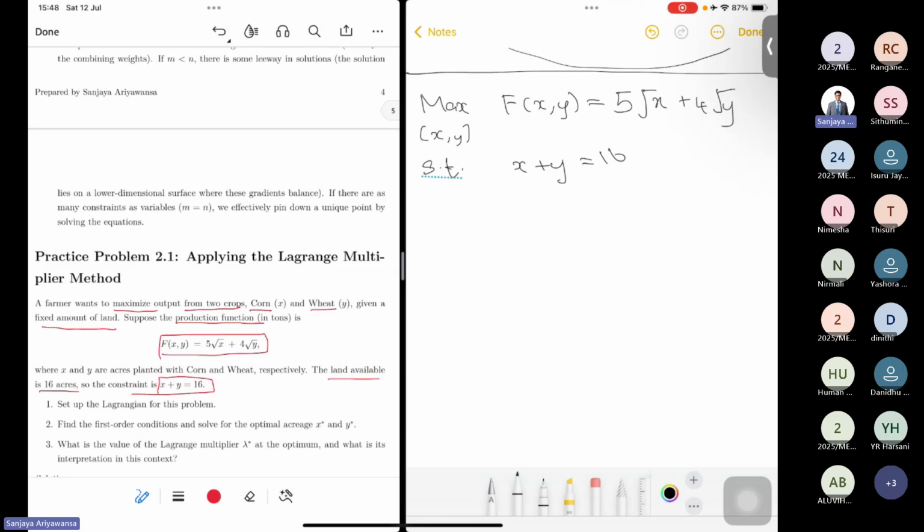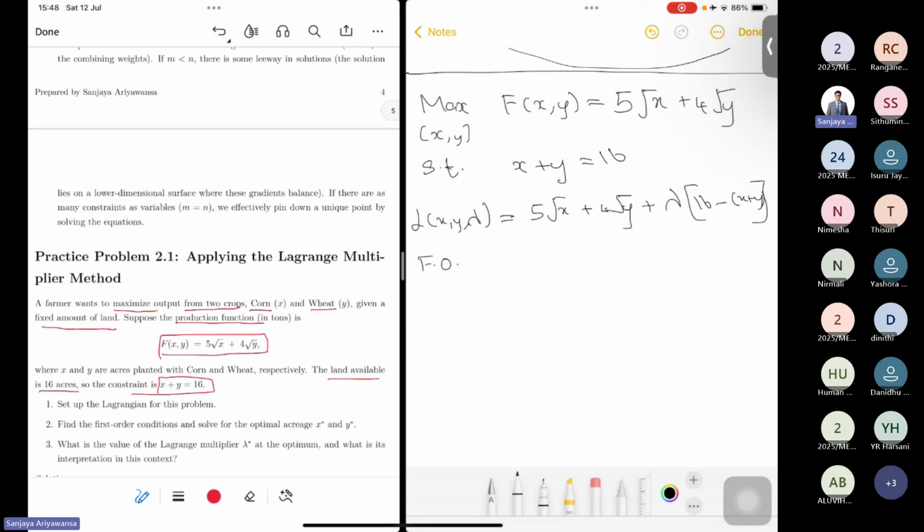The first thing we have to do is set up the Lagrangian L(x, y, lambda). There's only one equality constraint, so we introduce one Lagrangian multiplier. L equals the objective function plus lambda times the equality constraint, 16 minus (x plus y). That's step number 1.